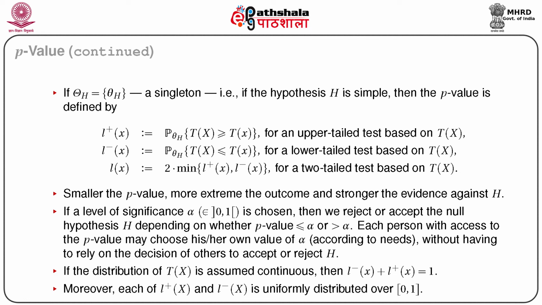Here L plus x and L minus x are approximately rectangular 0, 1 under H. It is interesting to check that under the continuous setup, the distribution of Lx, which is twice the minimum of L plus x and L minus x, also follows rectangular 0, 1 whenever theta belongs to script theta H.